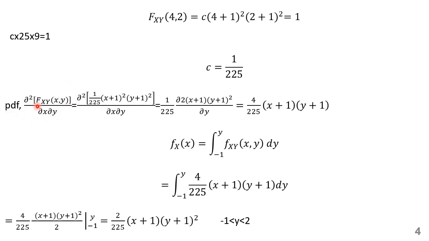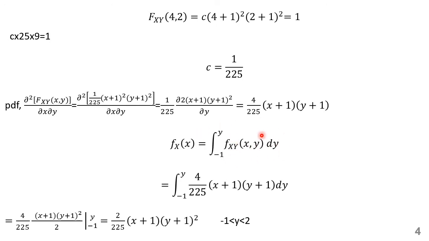differentiate Fxy, the CDF, once with respect to x, second time with respect to y. When we do this, we get the answer as 4 divided by 225 into (x+1) into (y+1). So therefore, we need to find Fx(x), that is equal to integration of the bivariate CDF with respect to y, the limit being -1 to y.